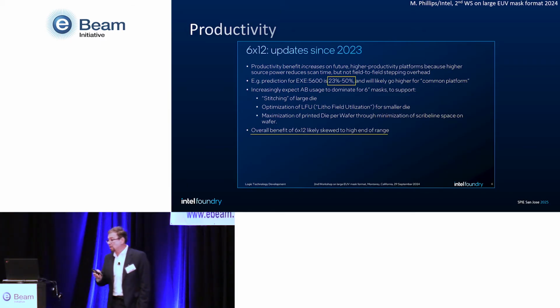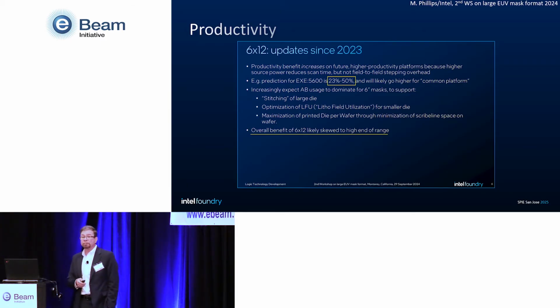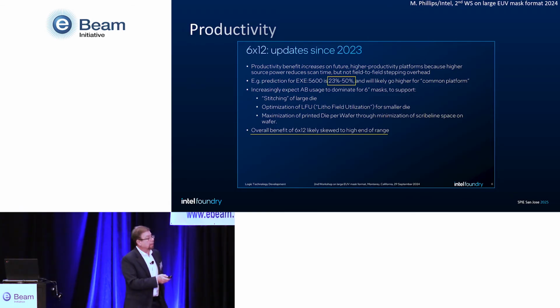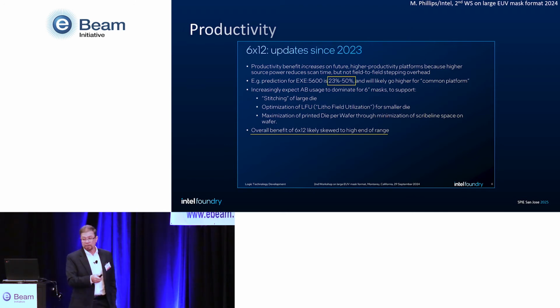He was thinking about 10% to 40%. Now, in October last year, he came in and he upped his estimate, and he said it's going to be between 23% and 50%. And that further pushes on the argument that this is needed and it has real benefit.